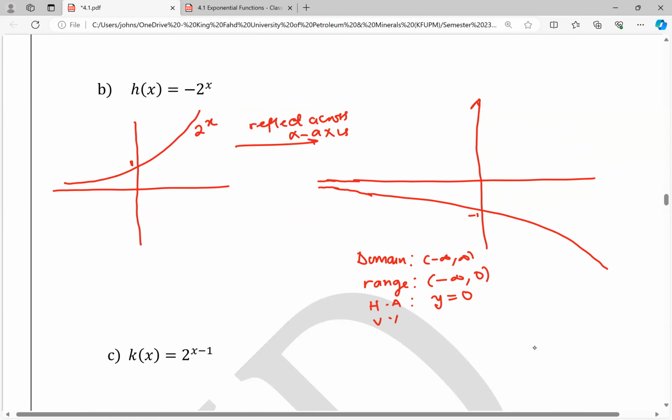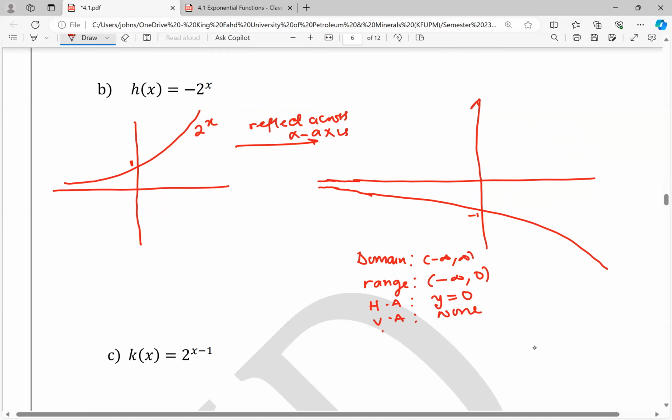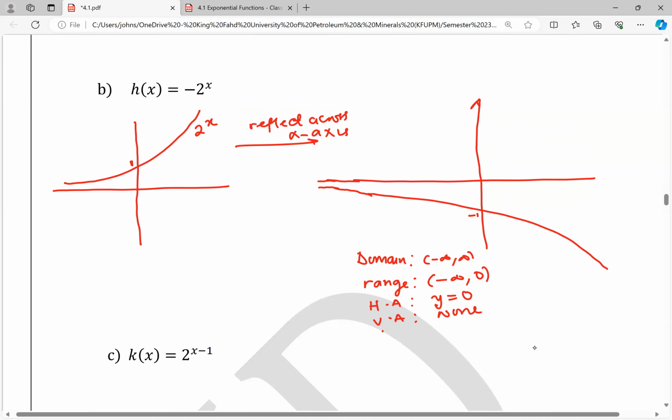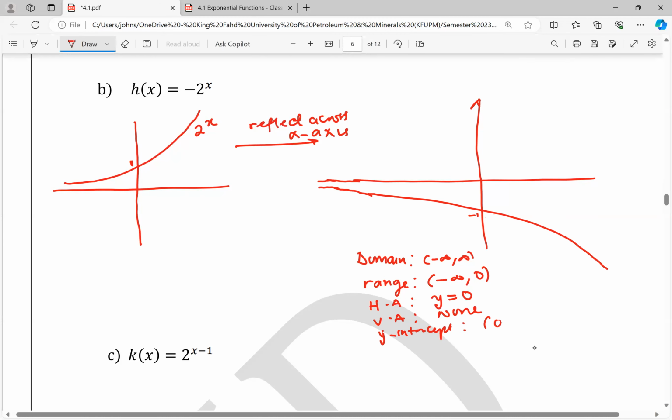And the vertical asymptote, we don't have it. Is there an x-intercept? In this case, no x-intercept. So you can only talk about the y-intercept, which in this case is (0, -1).